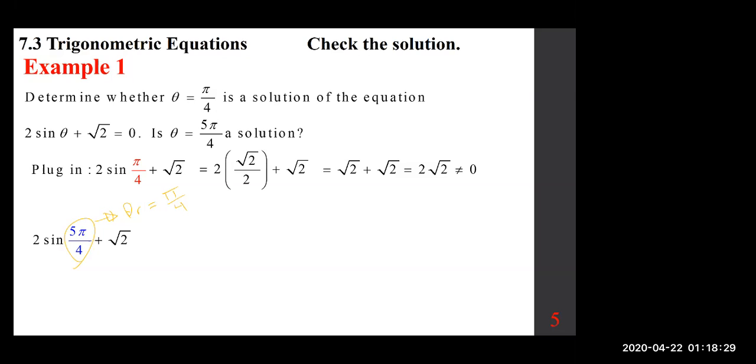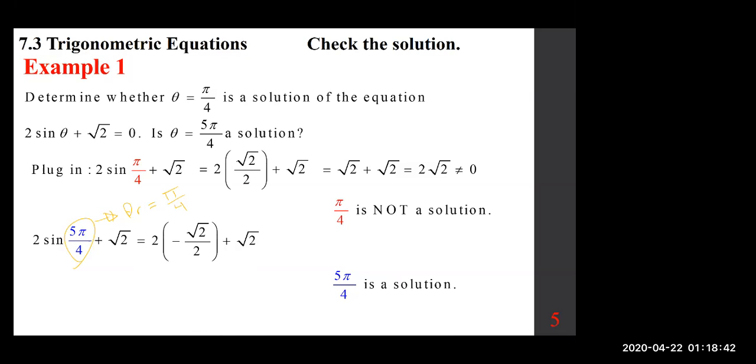In the third quadrant, sine is positive or negative? Negative. Therefore, you plug in and it gives you 0 and it works out and you're done. Does that make sense? Is everybody okay with that? Okay.